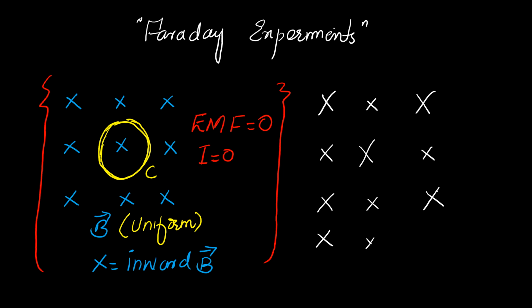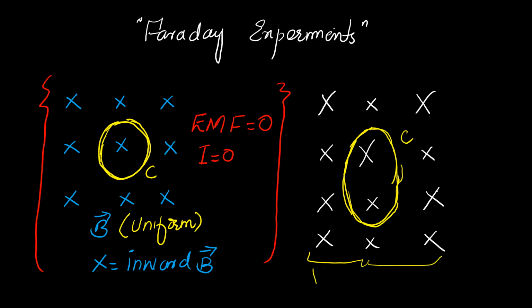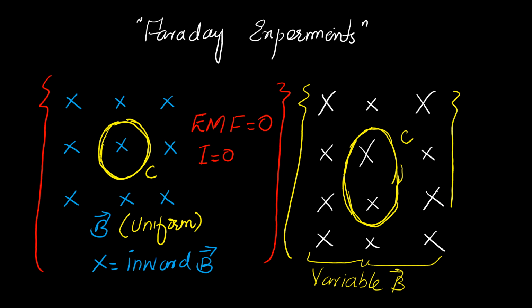So he observed that whenever a conducting coil is placed in a variable magnetic field, or a magnetic field which is different at different positions, there will be a production of electromotive force.